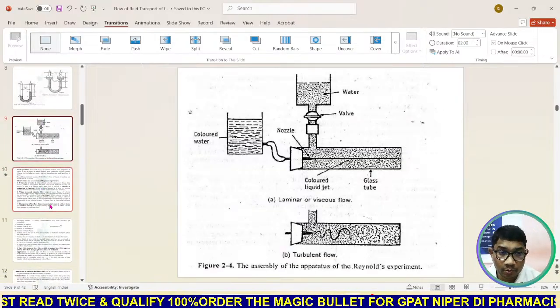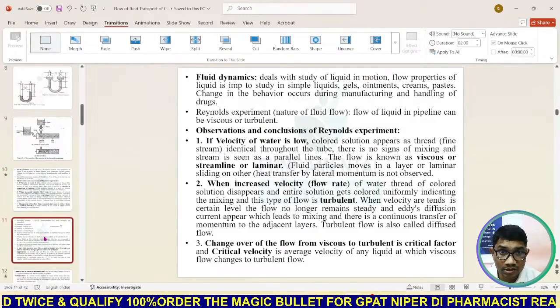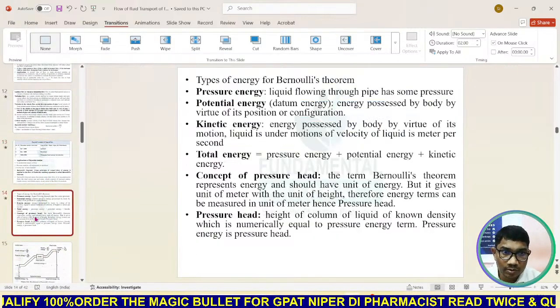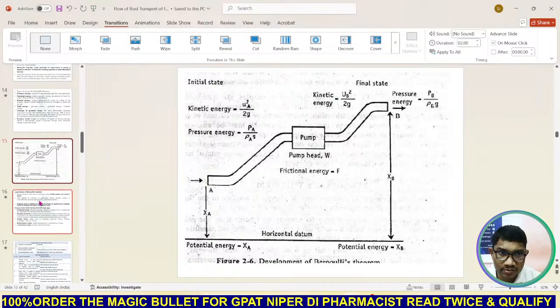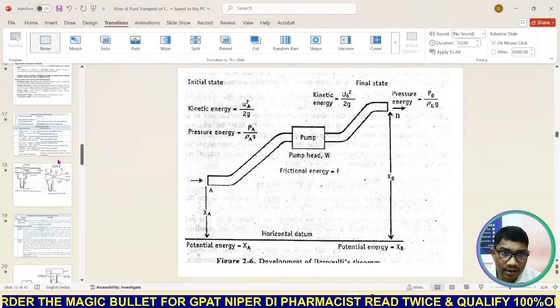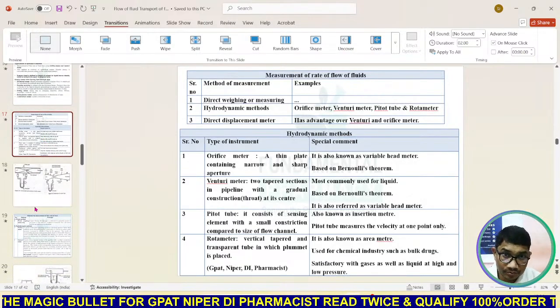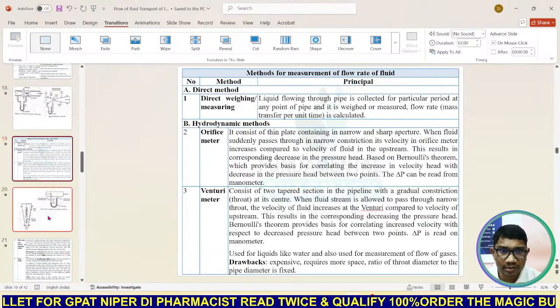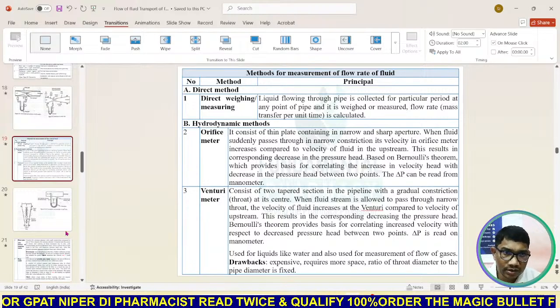Reynolds experiment, type of flow, turbulent, streamline, we have seen, right? Question भी आ सकता है, वो भी बोला है मैंने, right? After that we have seen this Bernoulli's theorem, right? Then after that we have seen the measurement of fluid flow. The fluid flow measurement उतना important नहीं है, बस नाम याद रखना है आपको, right?